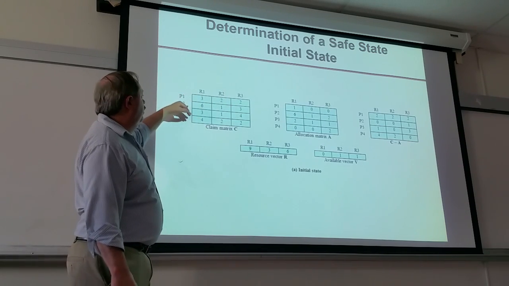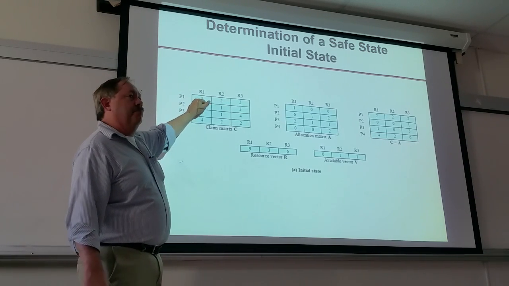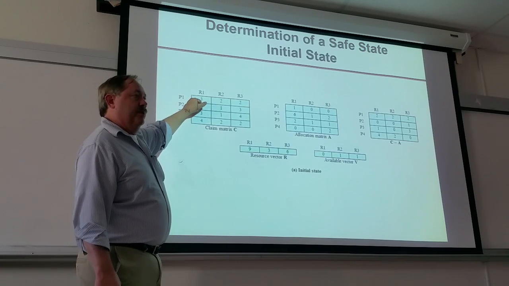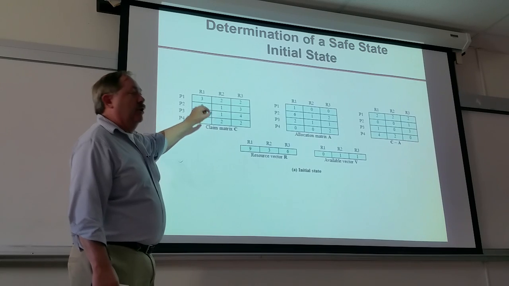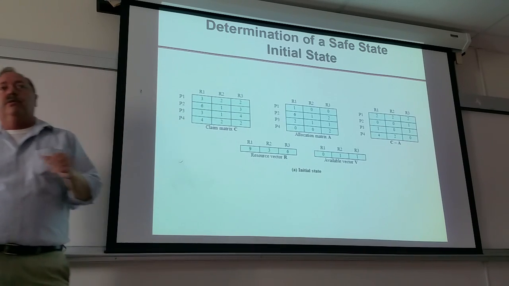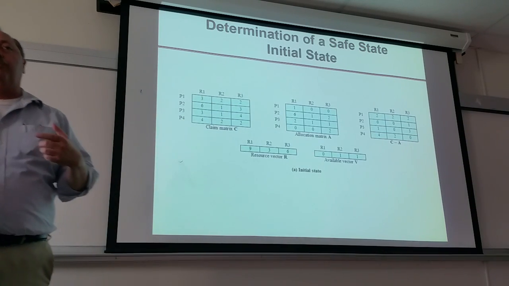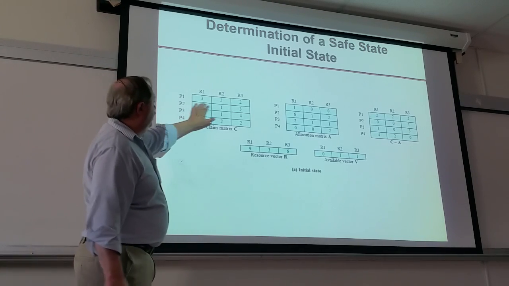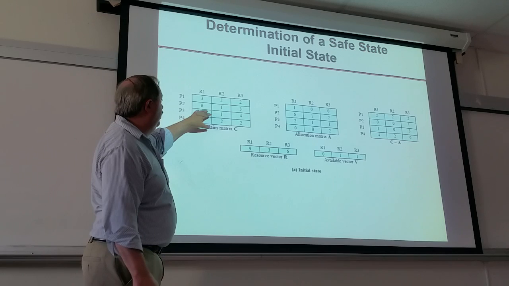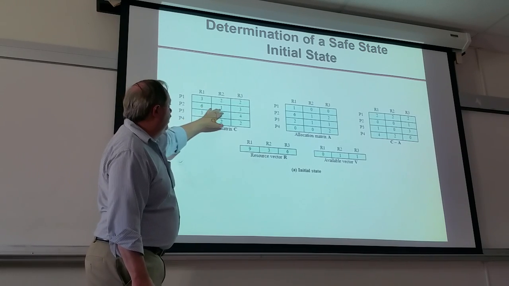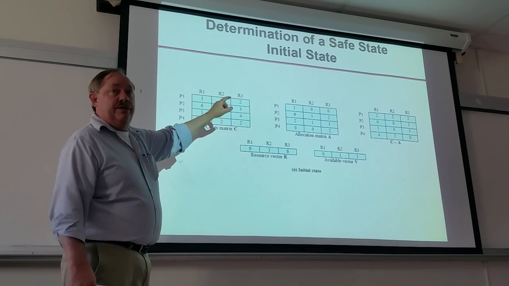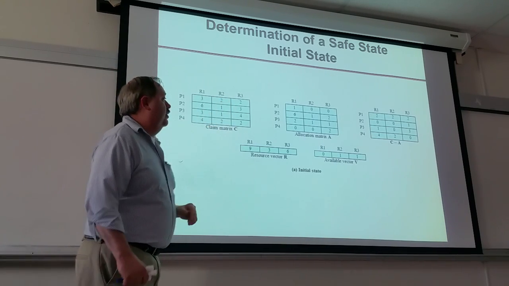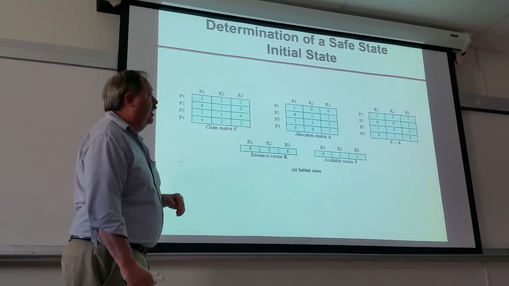It's coming and going with processes, but I'm not going to update this table while I'm running these algorithms. This is set when the process is loaded. The compiler knows in advance how many of each type of resource this process is going to need, and the loader is then going to read that information and fill in this table when it loads the process into memory. So that's where we get claim from, our good friend the compiler.